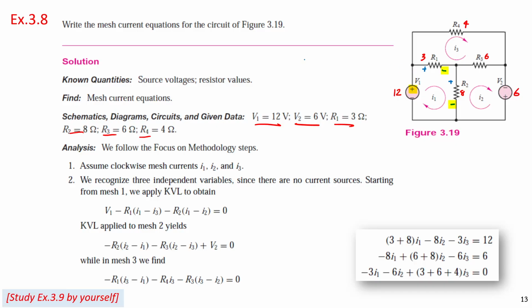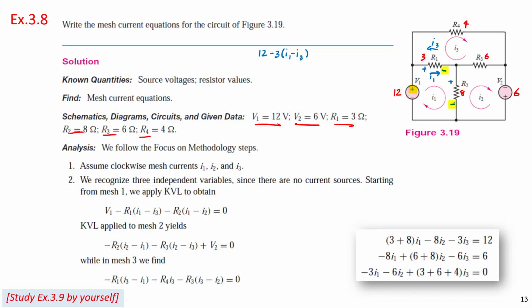Then the first equation will be 12 minus 3 ohm into I1 minus I3, right? It's I1 minus I3.